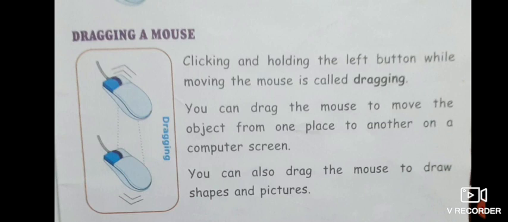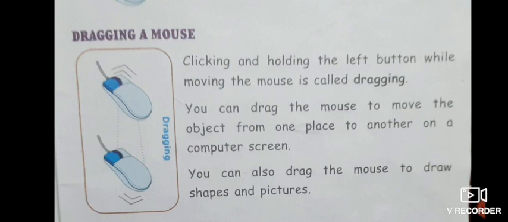Next is dragging a mouse. Now what is dragging? Clicking and holding the left button while moving the mouse is called dragging. So when you click the left mouse button and you do not release that button, you keep on holding it and you move the mouse, then that is dragging.